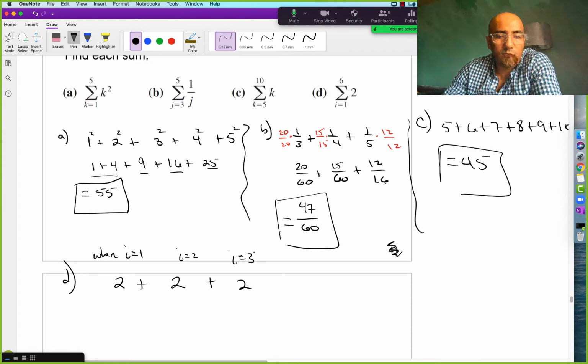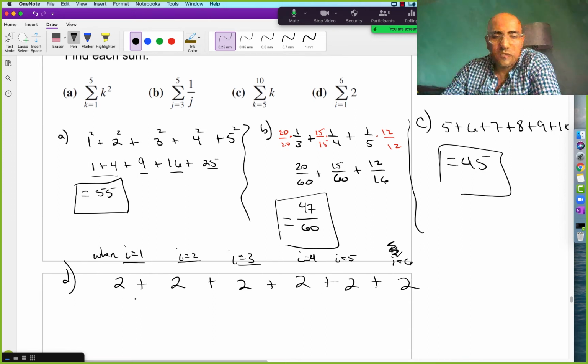We have to add all of them, and we keep going until i equals 6. So this is i equals 1, 2, 3, 4, 5, and 6. So this is going to be 2, 4, 6, 8, 10, 12.